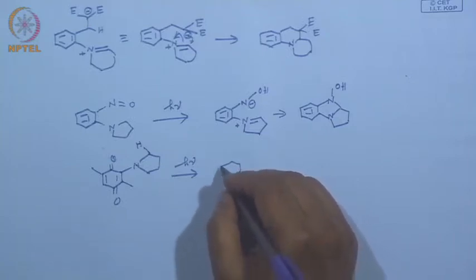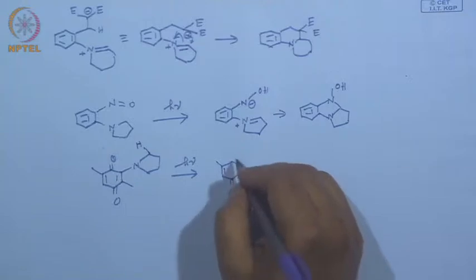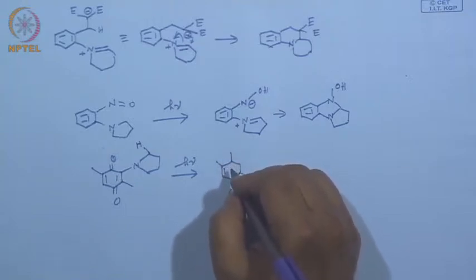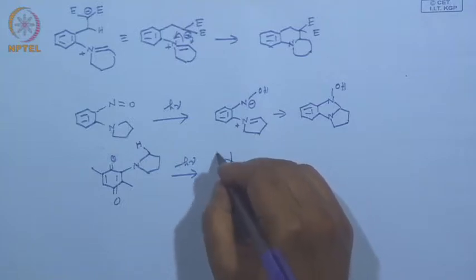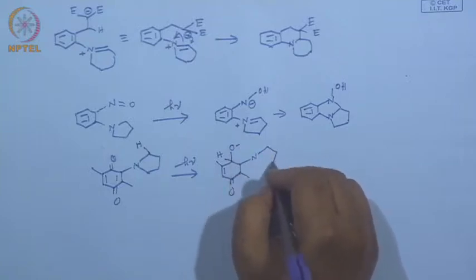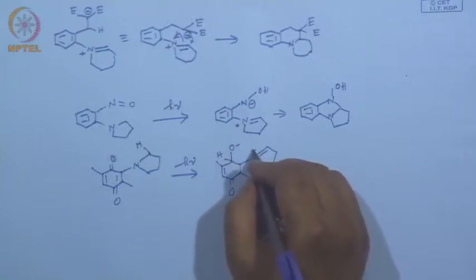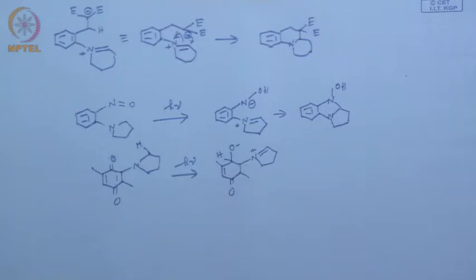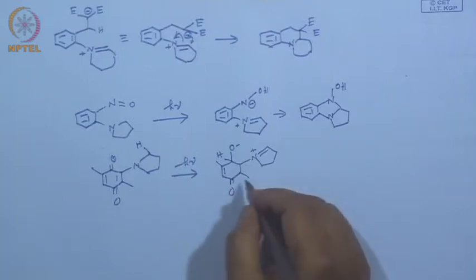But in this case, if hydrogen is transferred to carbon here, you get oxygen minus and this iminium ion. Okay.